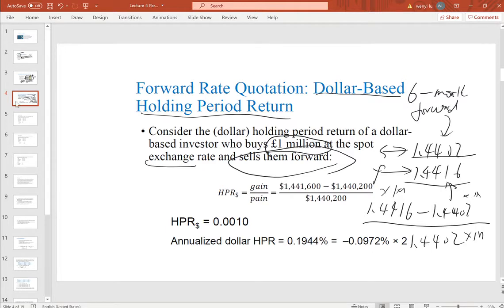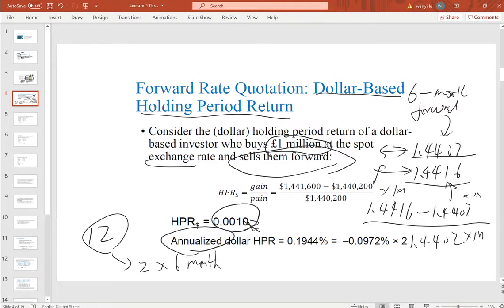If you signed it. But be careful. For a whole year, how many months are there? There are 12 months. That means after you solve the 6-month rate, this rate must be multiplied by 2 to get our annualized holding period return.